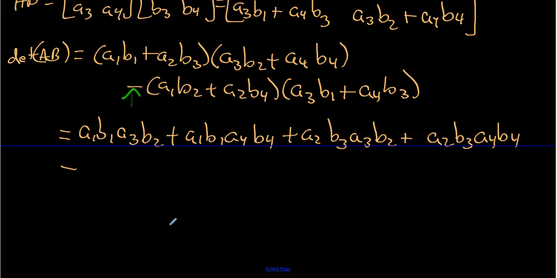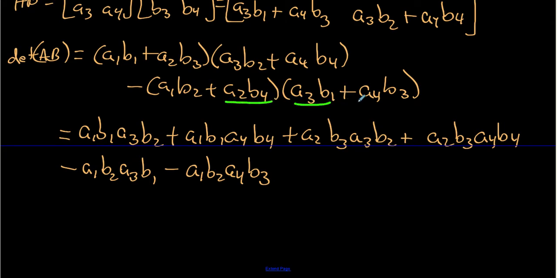So we're going to have minus a1b2 times both of these guys, a1b2 times a3b1 minus a1b2 times a4b3. And then we're going to have this guy times both of those guys, and that minus sign is going to be in front of both of them, so we will have minus a2b4 times a3b1 minus a2 times b4 times a4b3.